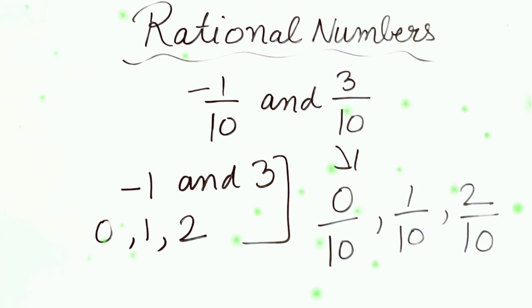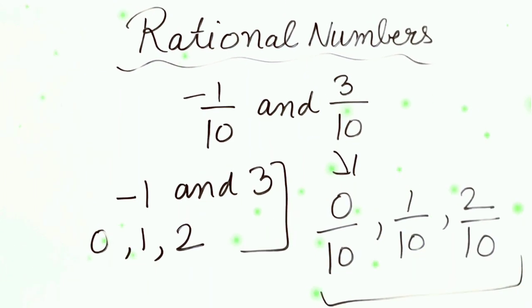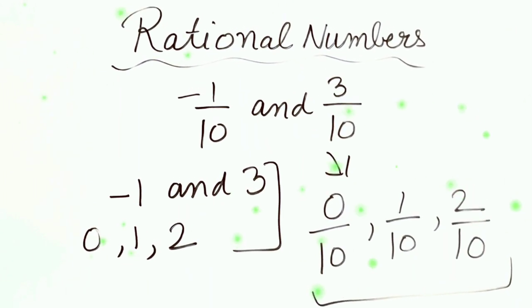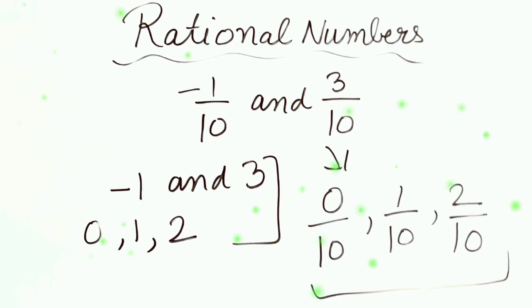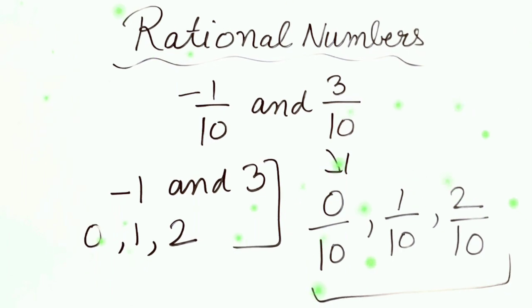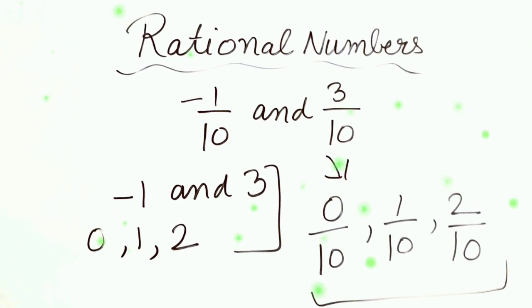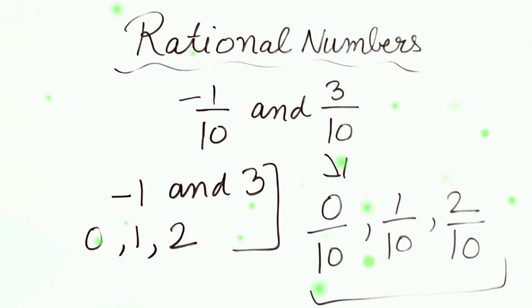But now if I tell you that you don't have to find only 3 numbers, you have to find at least 10 numbers between -1/10 and 3/10, then what will you do? Then what is the method? Always remember that between two rational numbers there are infinite rational numbers.